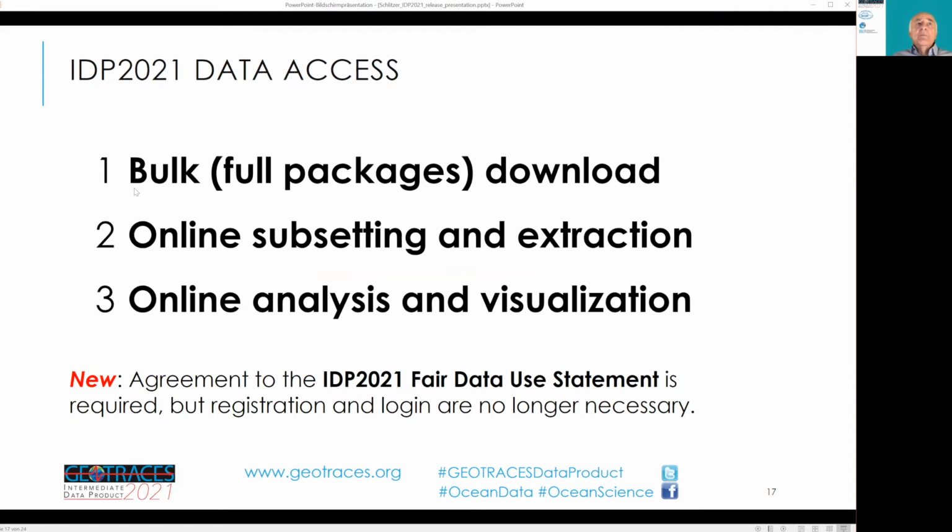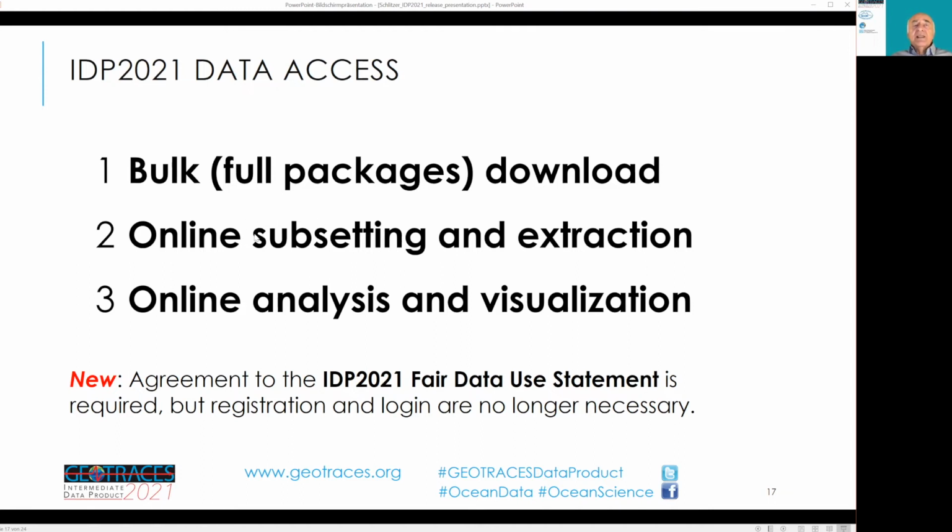The first one, bulk, full package download. This is for you if you want to have everything and you want to have it on your own local computer. Maybe you are going in remote areas, you have no internet connection. This is the way to go. You have everything, bulk download. But very often people don't want everything.